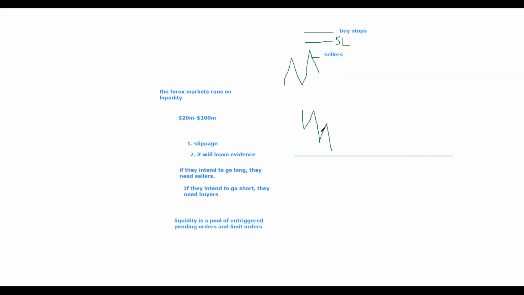People will say, it's made a new low, it's going down. Let's say price comes down here and does something like this. People are going to be buying here.